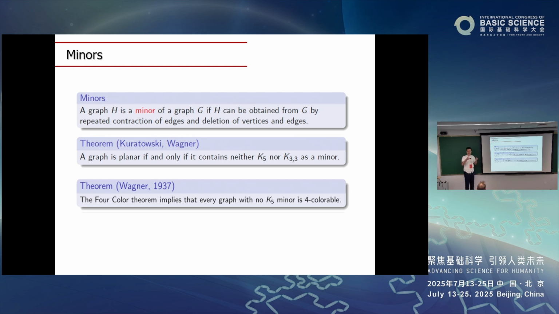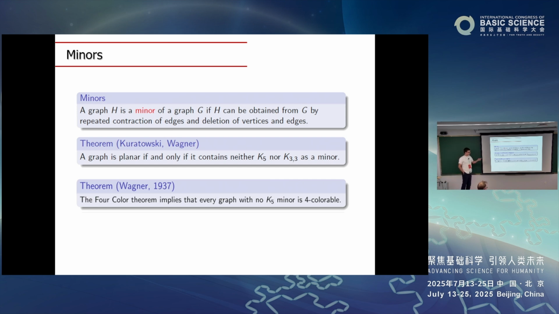K5 here denotes a complete graph; in general, KT is a complete graph on T vertices, so it has T vertices and every two vertices are adjacent.